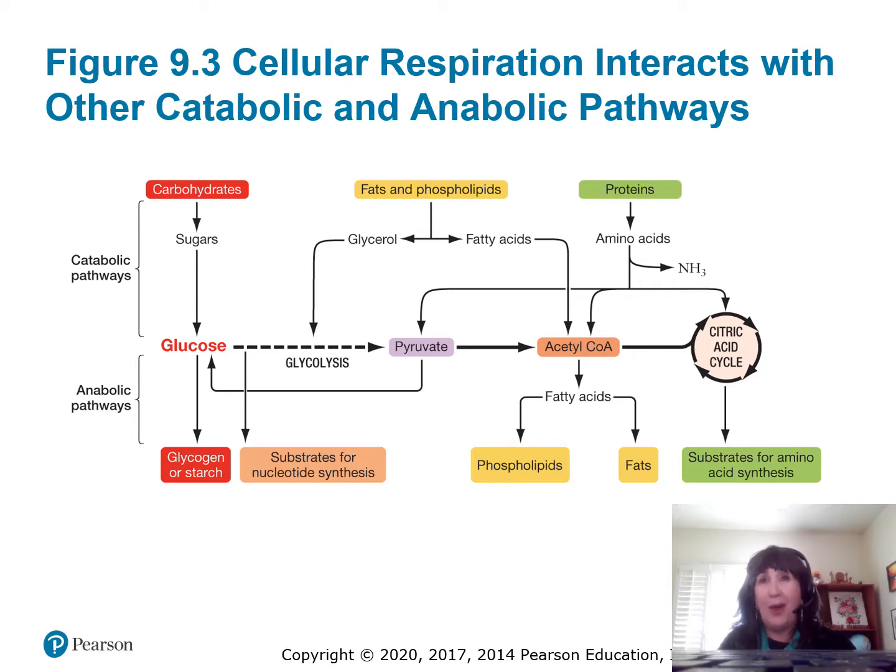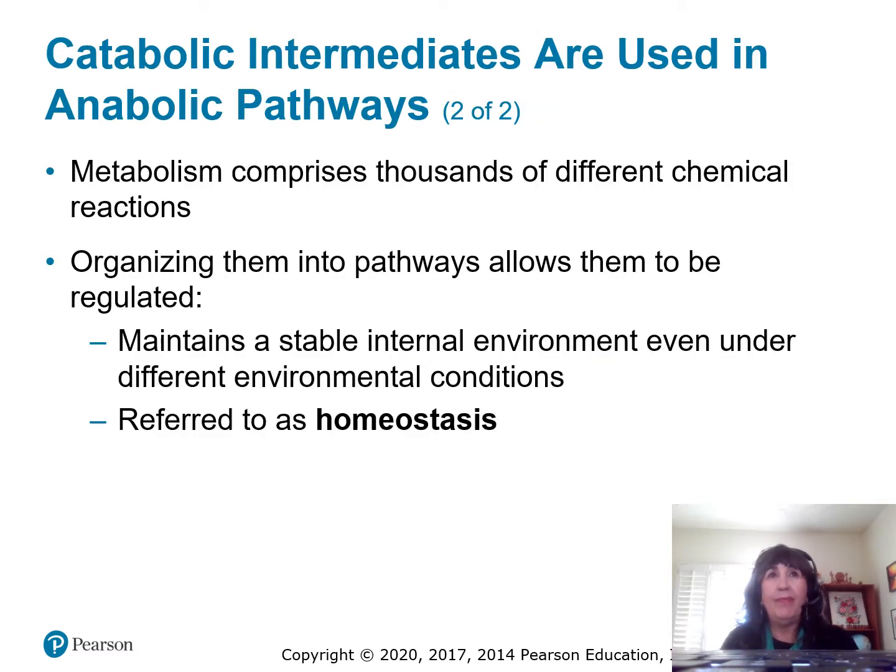This is a complicated pathway, and for now, I want you to know the energy producing pathway. Remember, catabolic pathways are used to break large molecules down into smaller ones that release energy, and anabolic pathways are just the opposite.